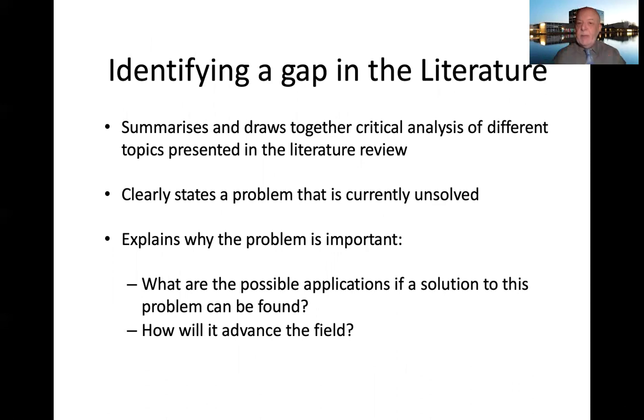So in identifying the gaps, you draw these together, picking up the various points that you found in the literature where you think people haven't covered, and state the problem that you think is currently unsolved. Of course, in the limited time you've got, it may in fact be solved somewhere and you just haven't found those papers. But from the papers that you've read, what is the problem that you think is unsolved?